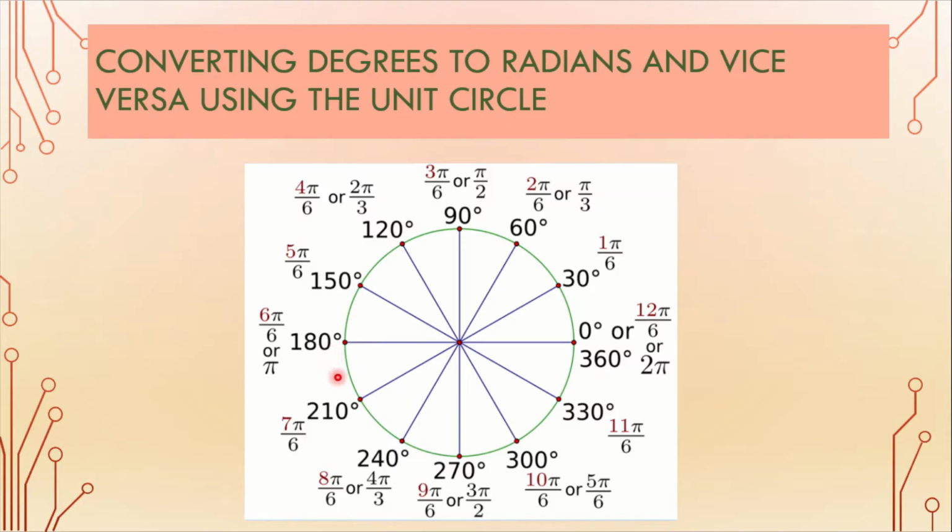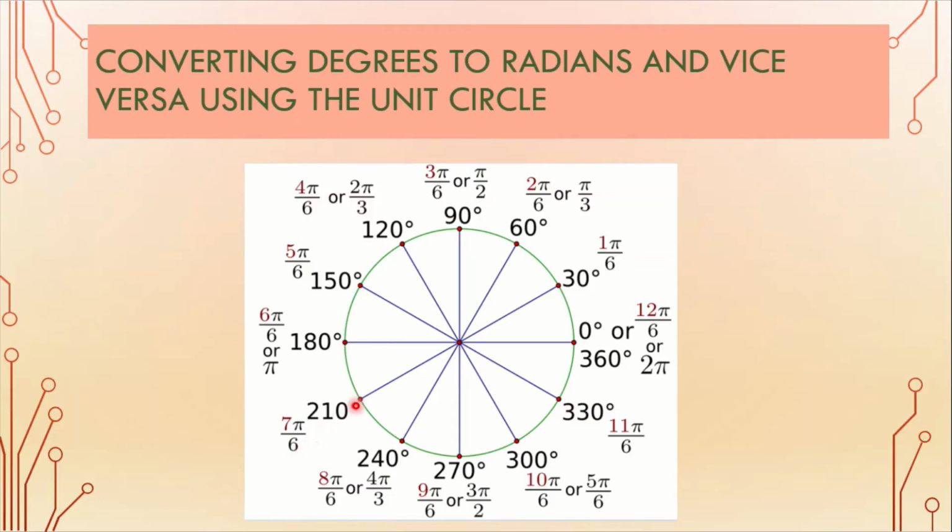Look at 210. We want to add 30 degrees to 180, meaning we are adding 1 over 6 pi to pi. Therefore, 210 degrees is equal to 7 pi all over 6.